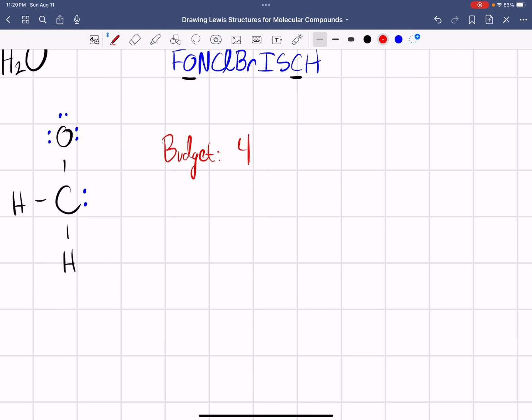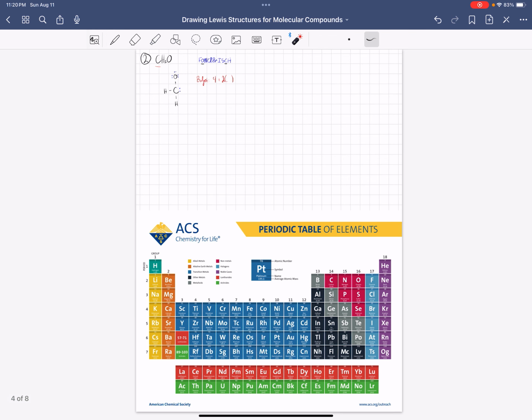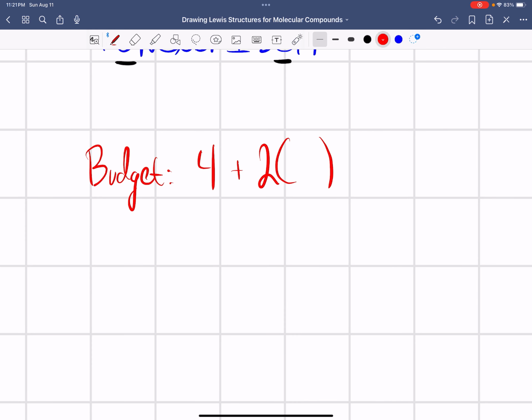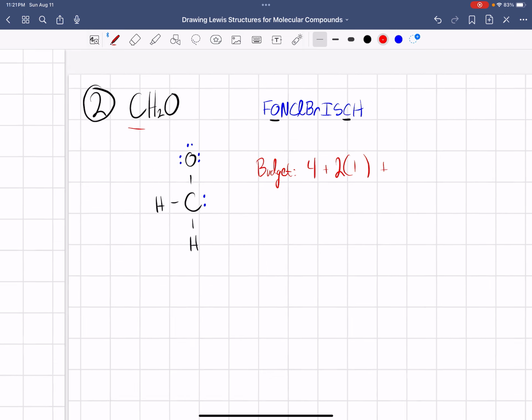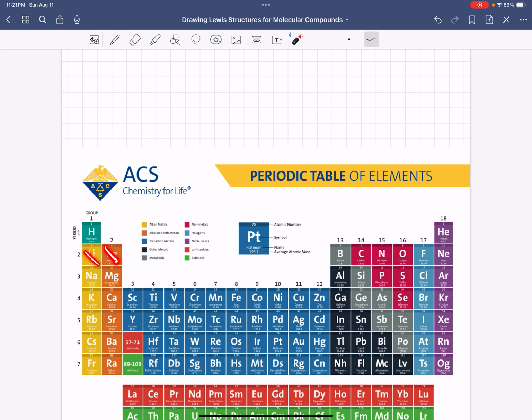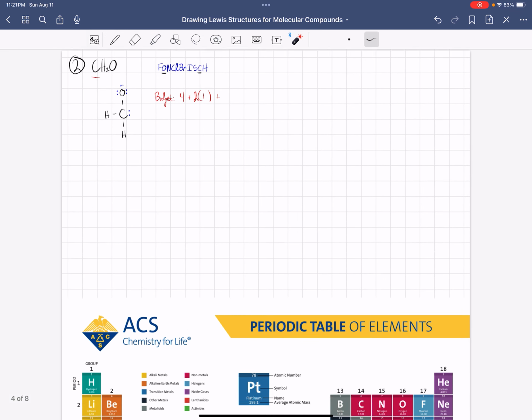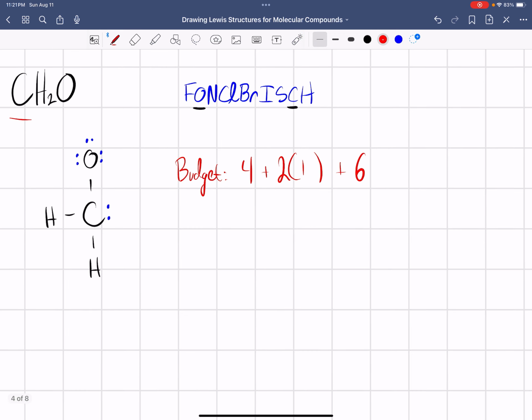So 4, we only have 1 carbon, plus we have 2 hydrogens, and if you remember before, hydrogen has just 1 valence electron, so 2 times 1. And the last atom is oxygen, so let's check the periodic table. Oxygen has 1, 2, 3, 4, 5, 6 valence electrons. So plus 6, and we just have 1 oxygen here. So our total is 12.